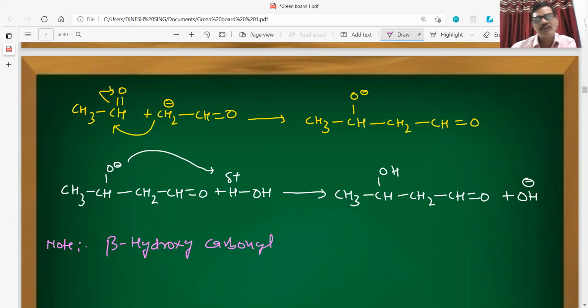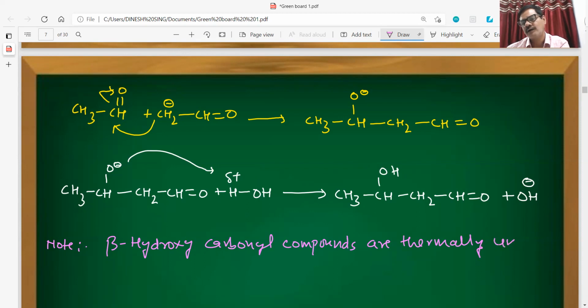Note here that beta hydroxy carbonyl compounds are thermally unstable.